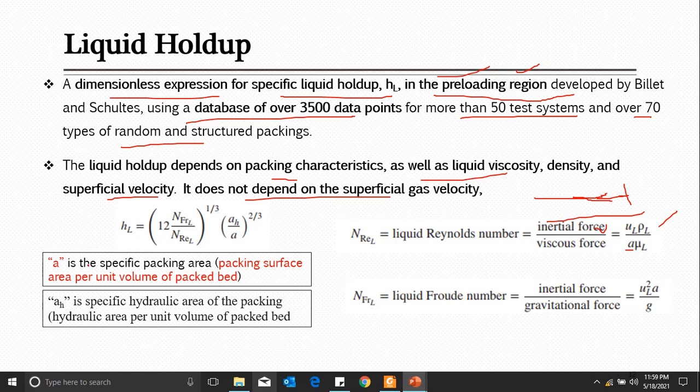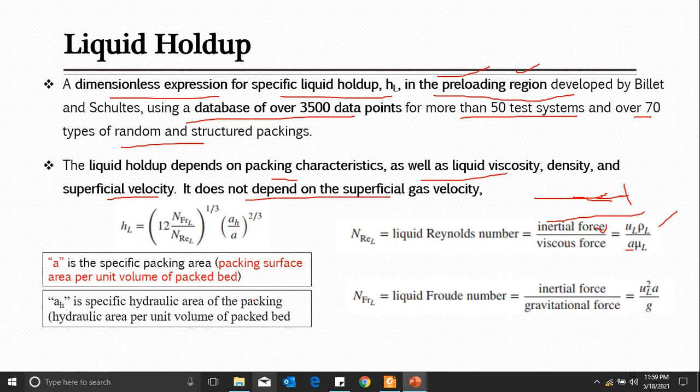We will look later, at the end of the lecture, at a few tables from where you can get some of these parameters given for the different packings. From there you can directly take the value of A if you know the packing material and its size and so on. AH is the specific hydraulic area of the packing.